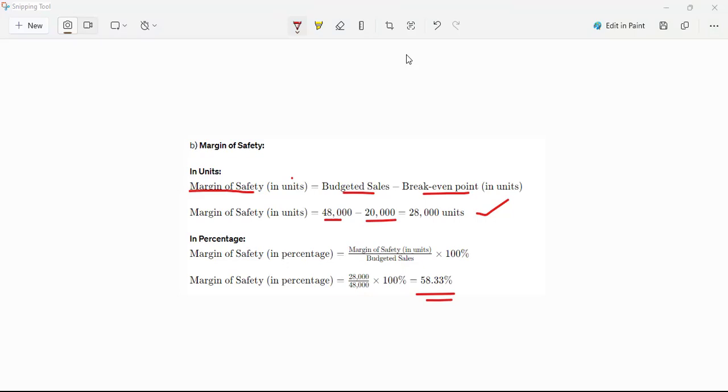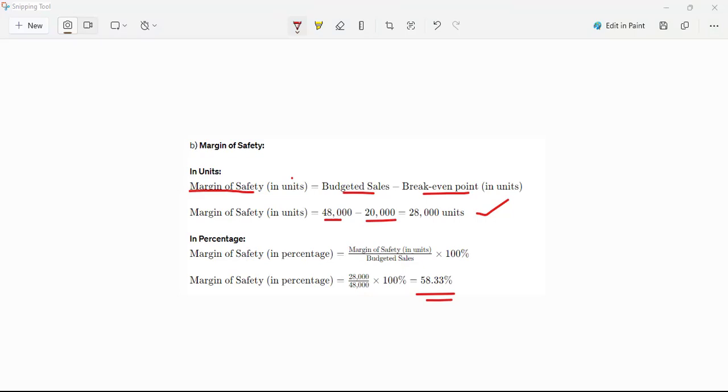So in that case, maybe the budgeted sales in value were given. So we are supposed to divide now by the selling price to come up with the budgeted units. All right. Thank you. Clarified. Okay, thank you so much for that.